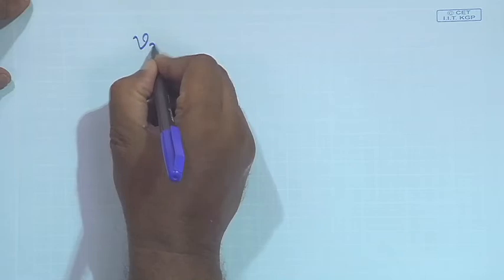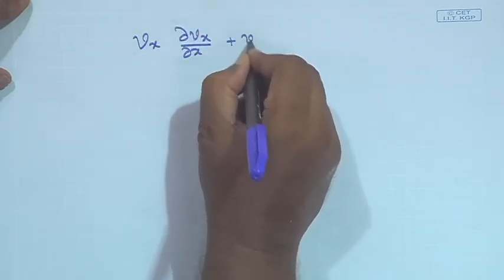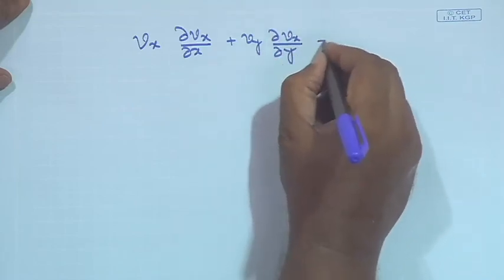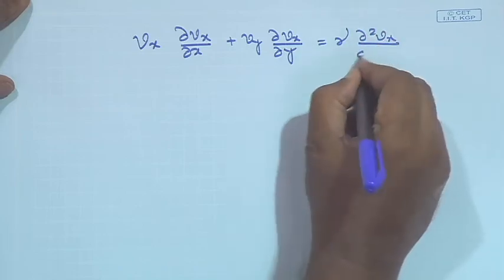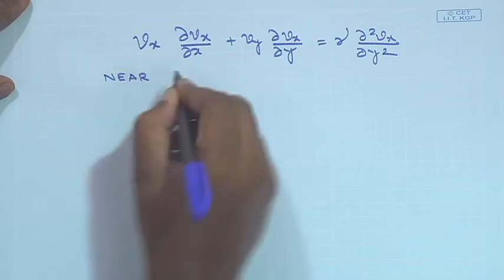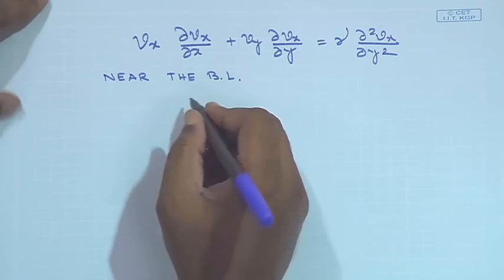So, I start with this equation again and try to see what's going to happen if I do an order of magnitude analysis of this equation near the boundary layer. I am going to make a judgment on that.